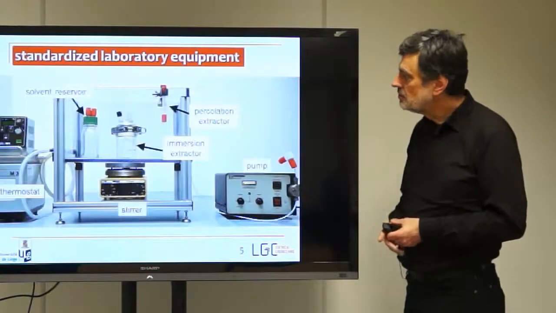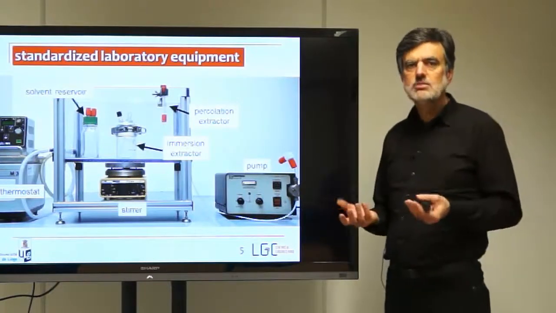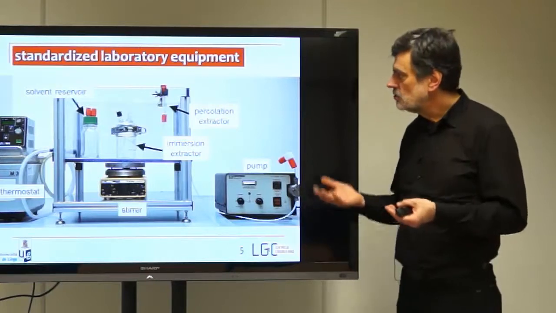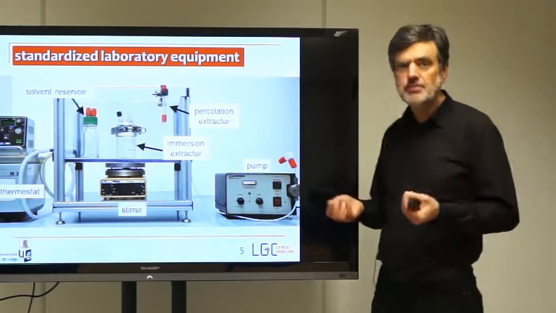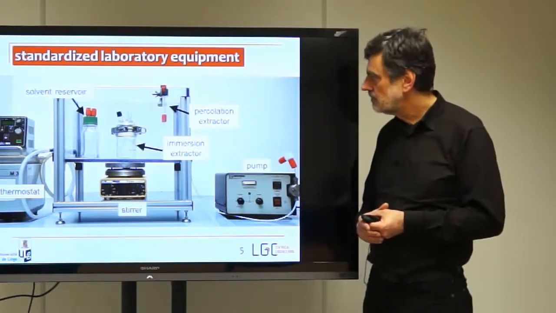How does that simple equipment look like? Well, it depicts more or less what you have in technical extraction processes. You have two different principal types of extractors, a percolation extractor and an immersion extractor.